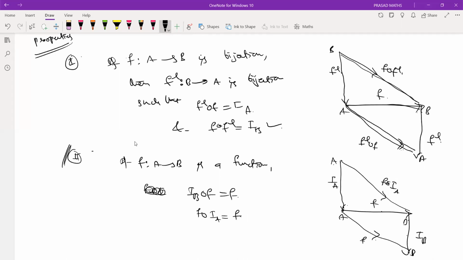So for any function, we can have the identity function on B as well as the identity function on A. So this is always possible.